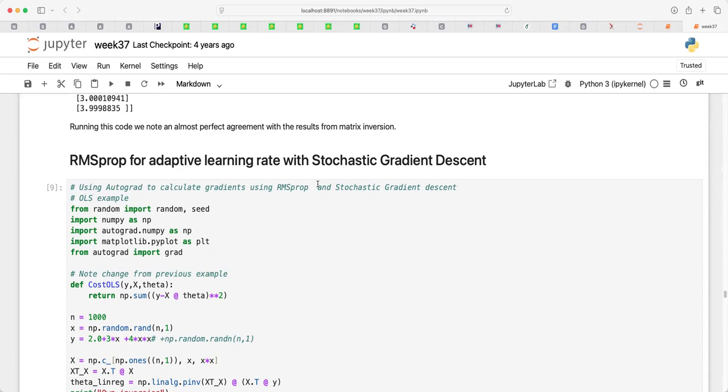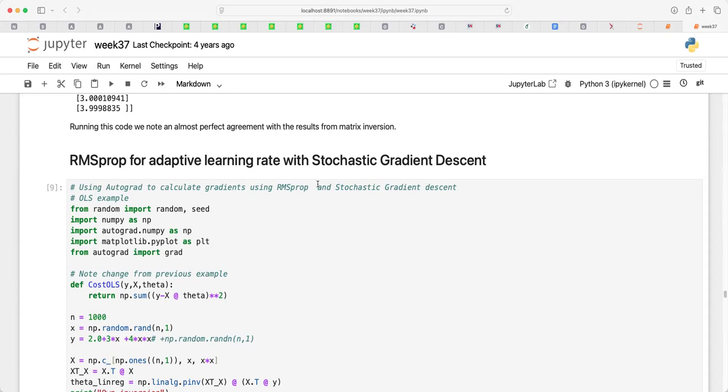Why do we do stochastic gradient descent? The problem kicks in when we are dealing with tons of parameters, like in neural networks, and we don't know whether this is a nice, smooth, convex function, or whether it's a pretty rough surface in which we want to find the minimum. Okay, so take a look at these codes and also take a look at the video.